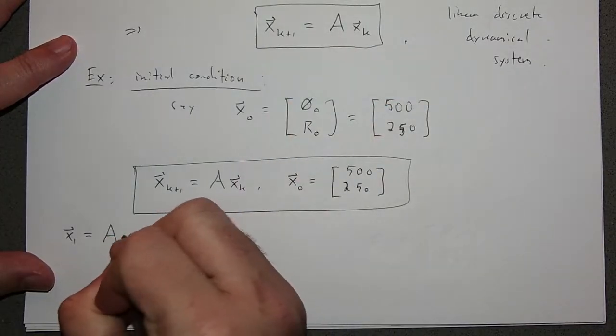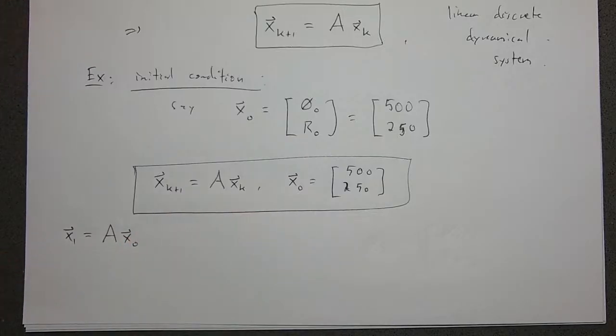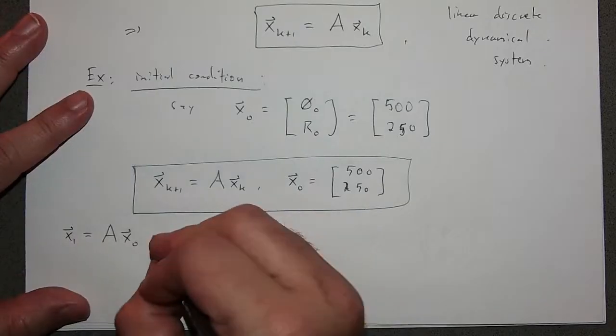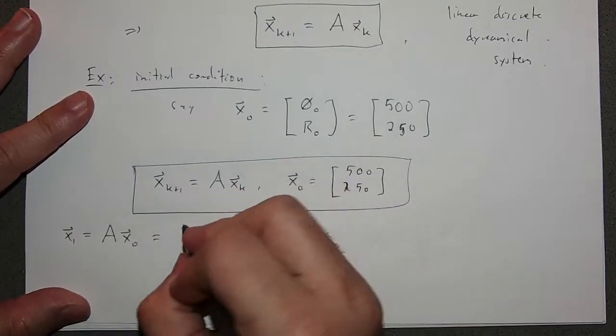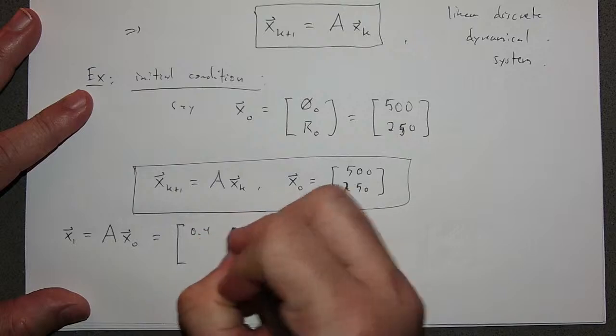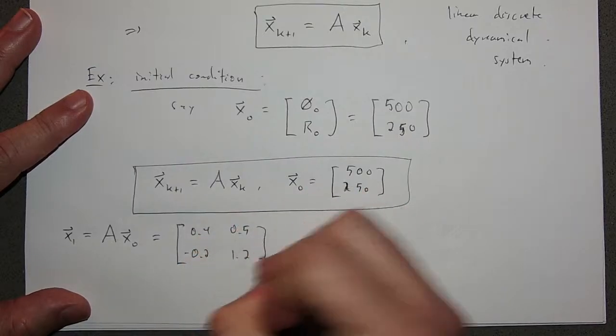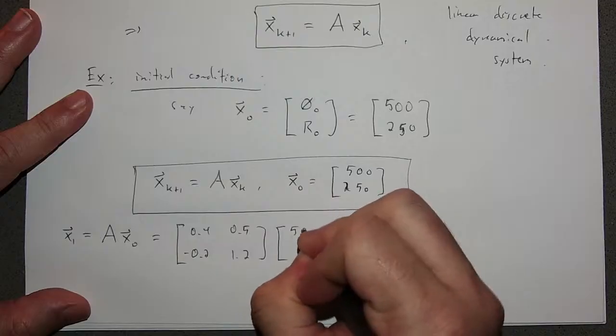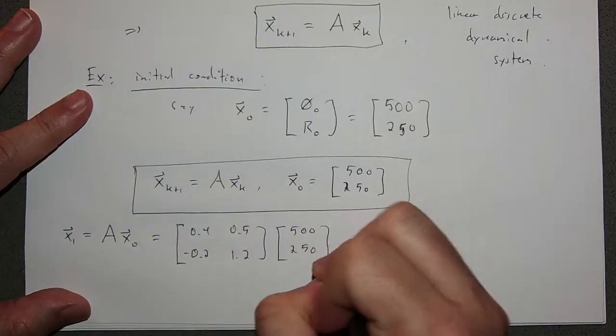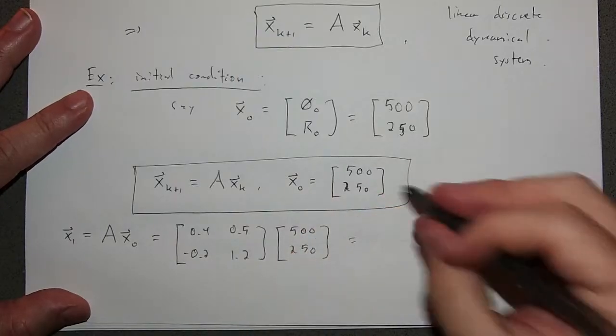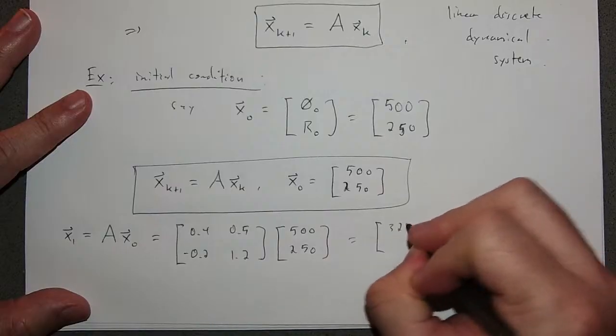This is A times x naught. Right off the bat, you can see this is iterated matrix multiplication. So this is A times x naught, where A is the matrix 0.4, 0.5, minus 0.2, 1.2, times the vector 500, 250, which is the vector 325, 200.